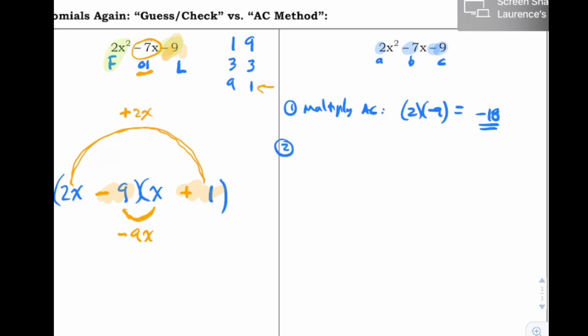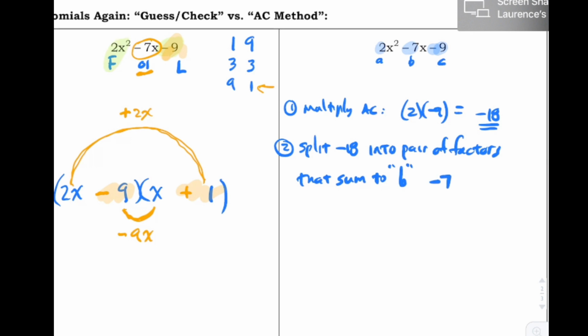Step 2, split negative 18, and it is important to think about the negative as well, into a pair of factors that add up to the b, which is a negative 7 in this case. So you have to take negative 18 and say, what is that? It's 1 times 18, well, it's actually negative 1 times 18, or maybe it's 1 times negative 18.